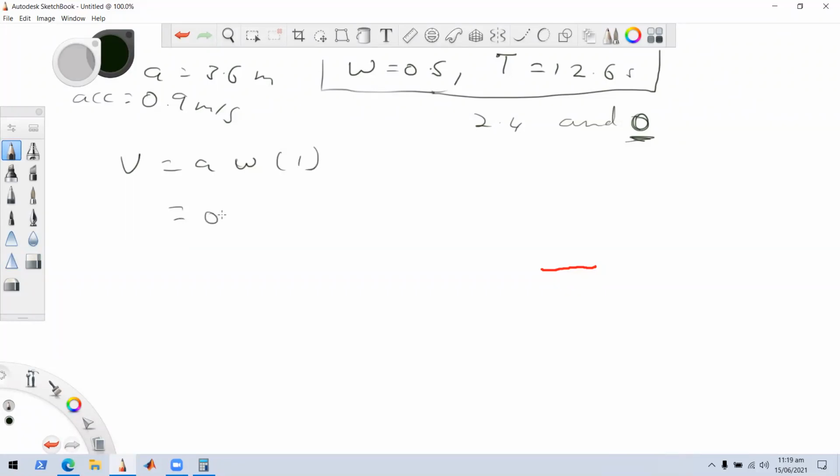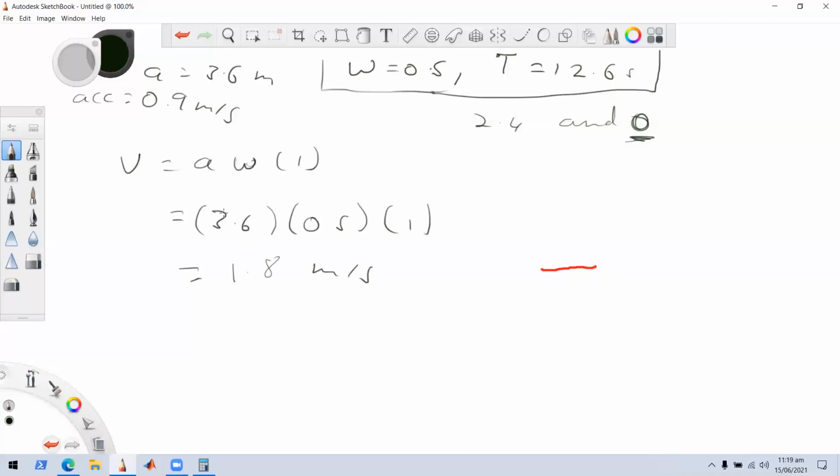And A is 3.6. So 3.6 times 0.5 times 1 is 1.8 meters per second.